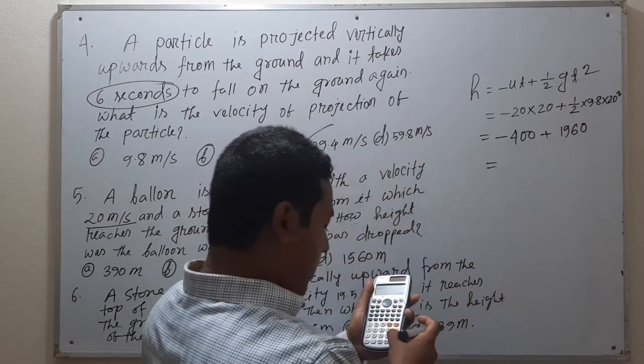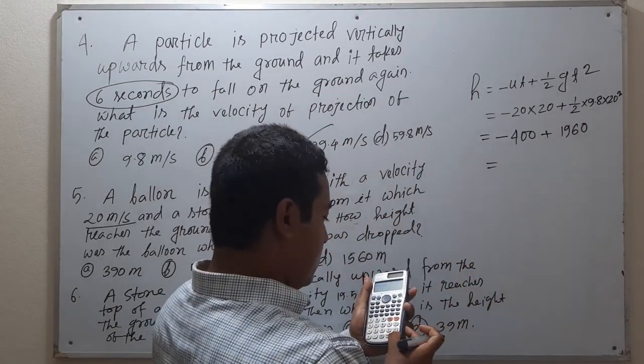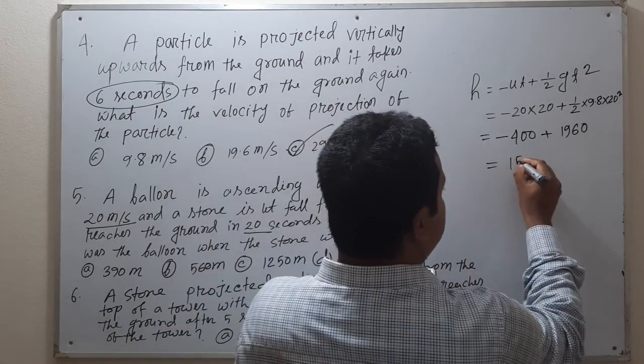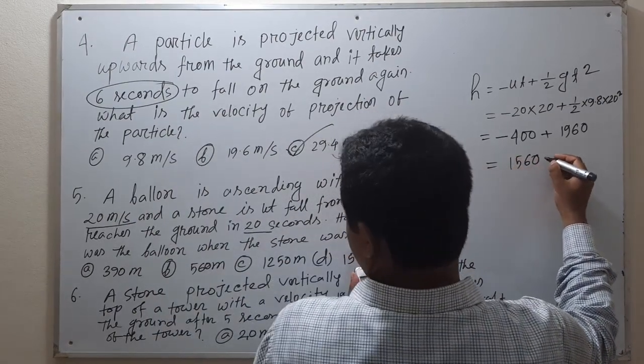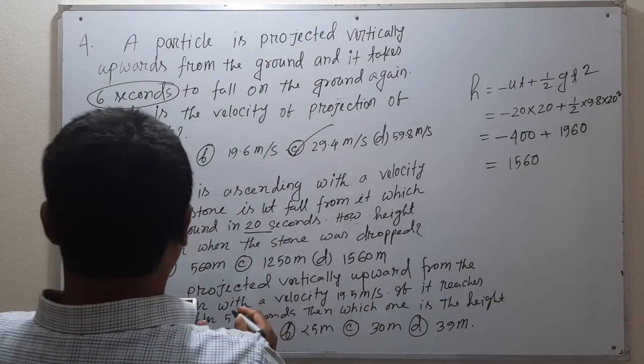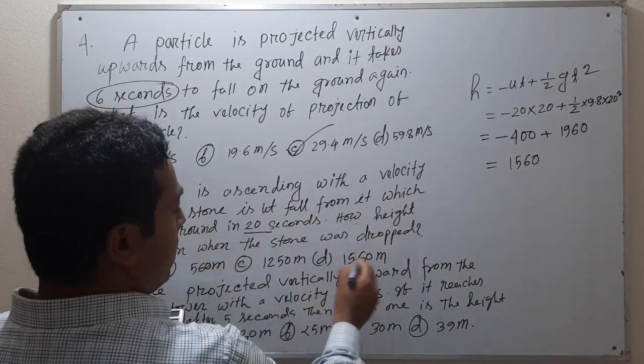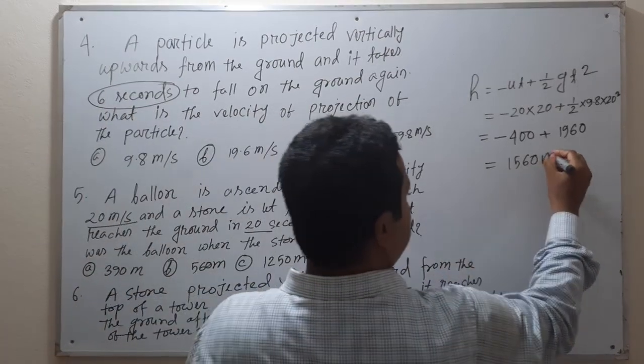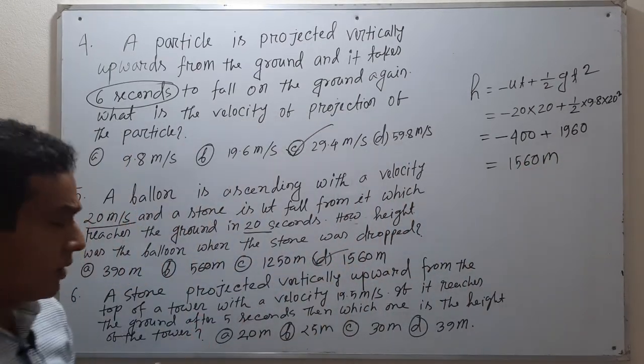Okay, minus 400, it will be 1560. Answer will be 1560 meter. Okay, so answer option is D.